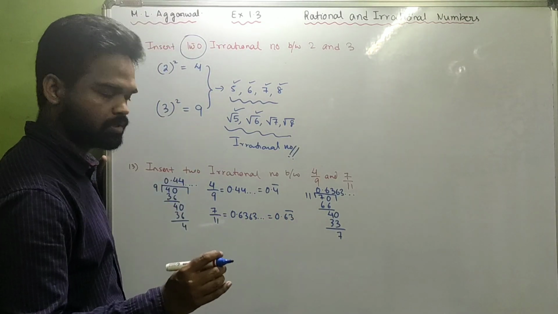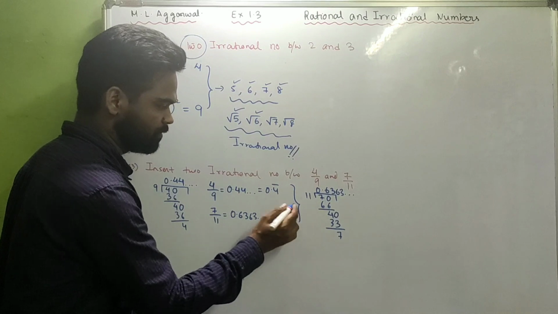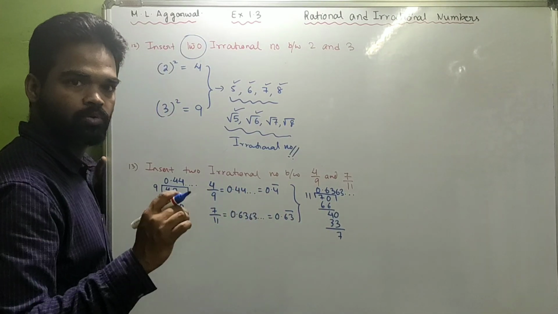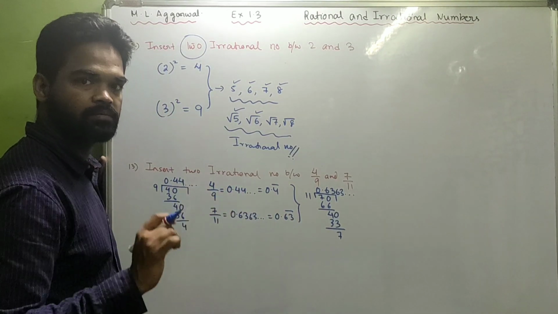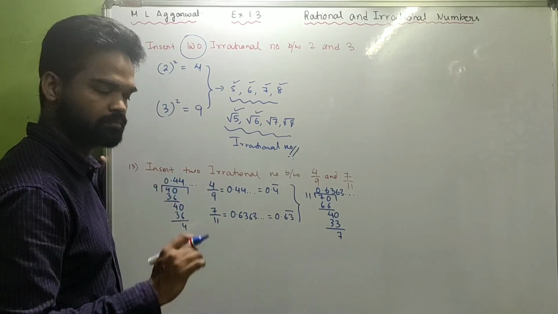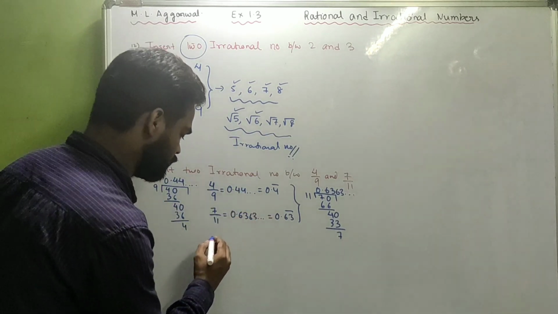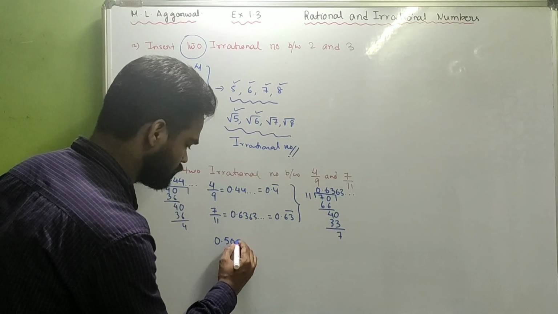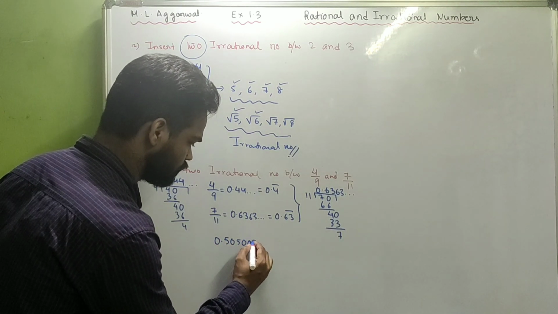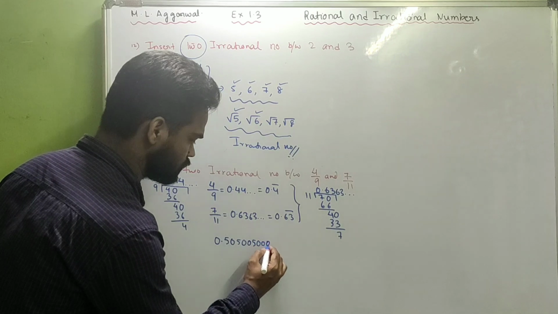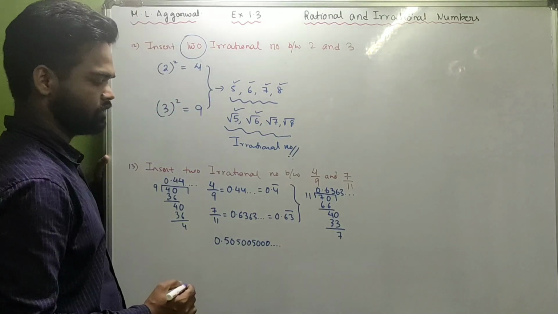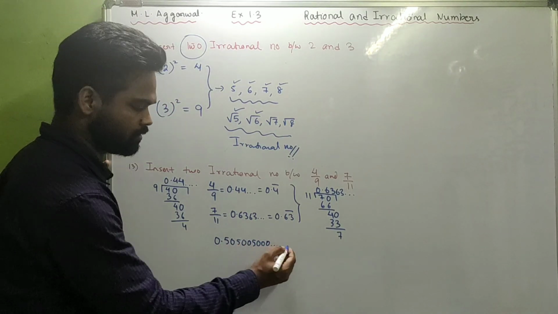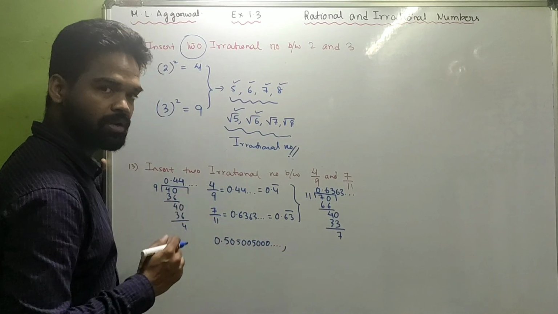Now choose decimals between these two which are non-recurring and non-terminating. For example, between these two, can I write 0.50500500 dot dot dot. See, this is an irrational number. Why?